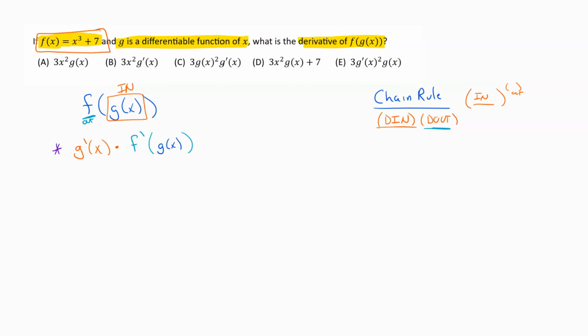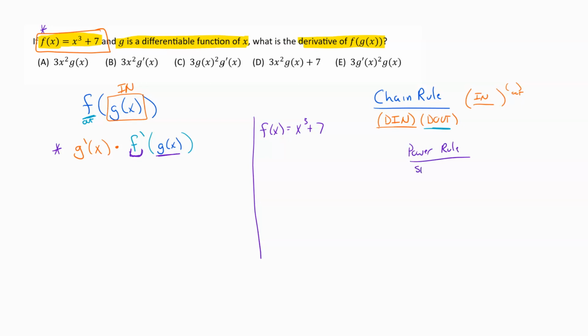What they want now from us is to take g of x and plug that into the derivative of f. So we'll take the derivative of our f equation. This is f of x right here. f of x equals x to the third plus 7. Finding the derivative of that is just going to be a straight up power rule.